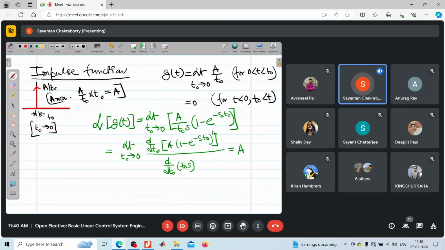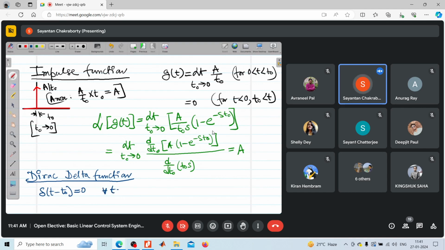And there is a very specific kind of impulse function called the Dirac delta function, which is defined as delta(t minus t0) equal to 0 for all t not equal to t0 and equal to infinity for t equal to t0, with the integral from minus infinity to infinity being 1.